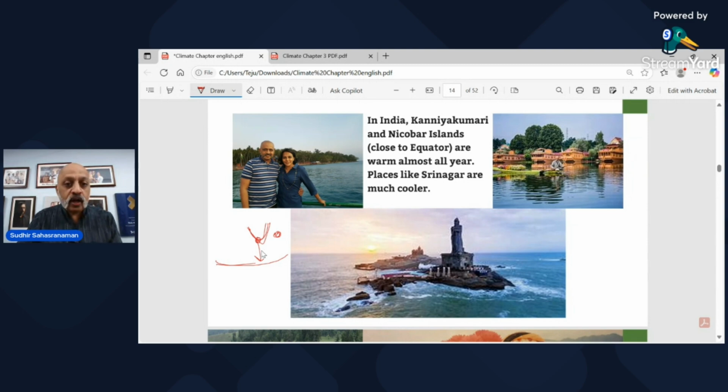Therefore, Kanyakumari is warm because it is the closest point of India to the equator. You go to Sri Lanka, that will be even more hot, even more than Kerala, Kanyakumari, and the rest of Tamil Nadu, right? Places like Srinagar, which are in the north, they are colder because they are further away from the equator. Simple funda. Okay, this is a photograph.